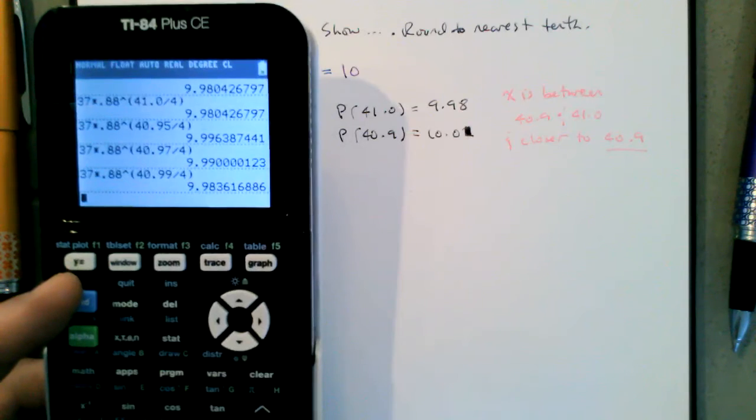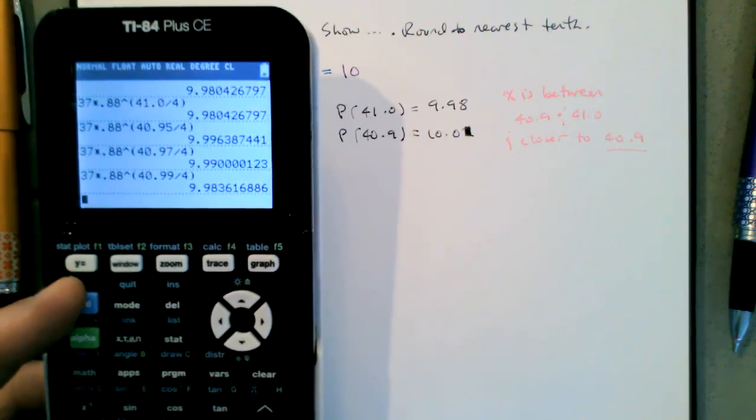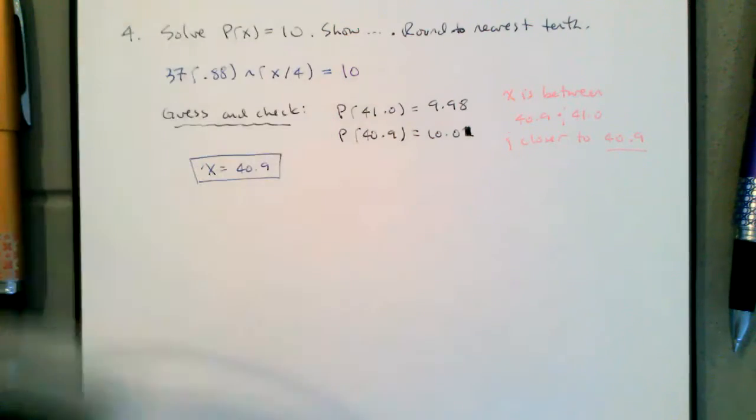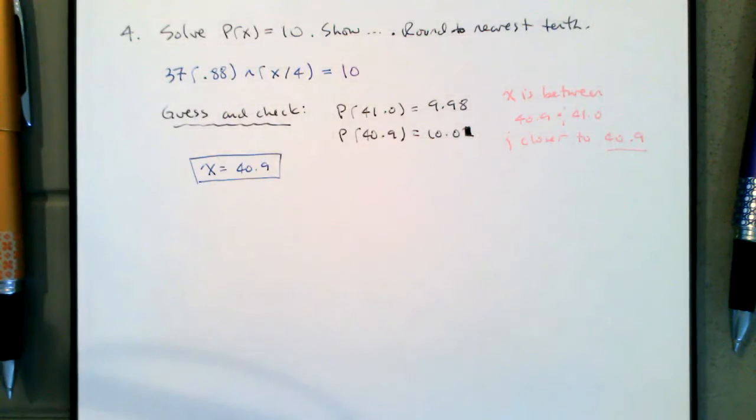So it looks like it's between 40.99 and 40.9. I'm going the wrong direction again. So we could just keep going and narrowing it down. So we're between 41.0 and 40.9. We could just split the difference there and go with 40.95. And then just keep zeroing in on the X that we're looking for.